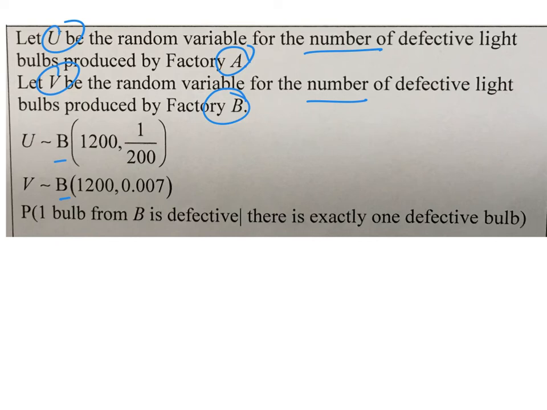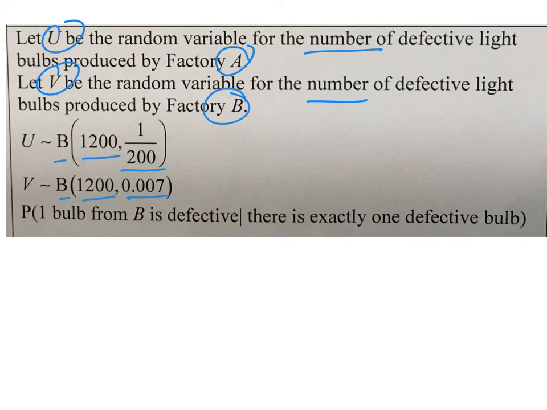For U, it's a binomial model, n is 1200, and the probability of a defective light bulb being produced by factory A is 1 out of 200. Likewise for factory B, the probability of a defective light bulb is 0.007.